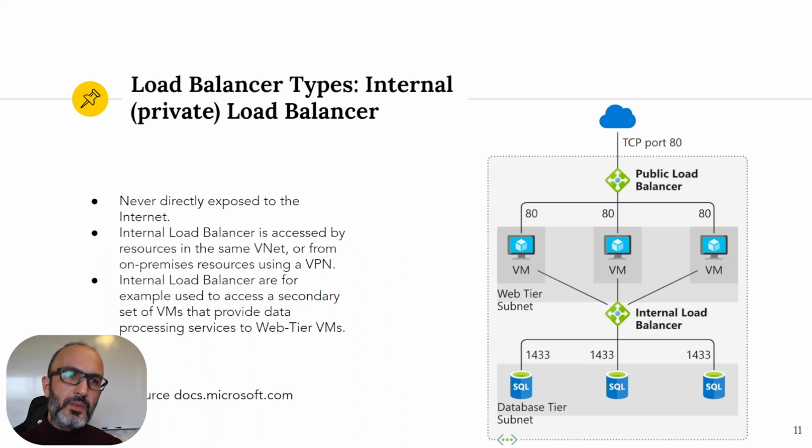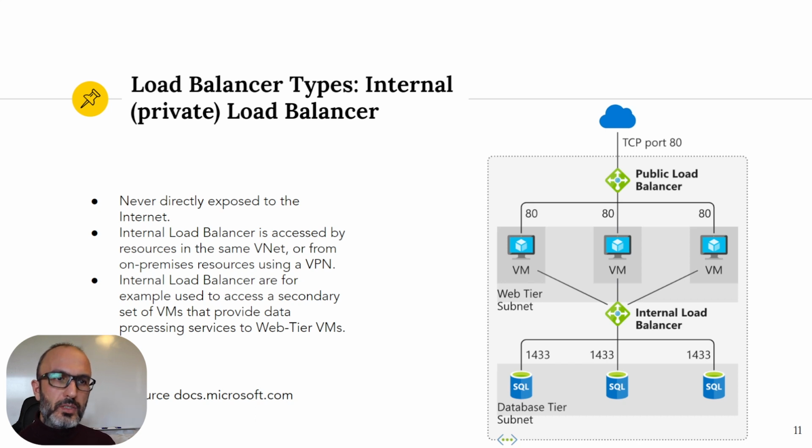The other type of network load balancer is the internal or private load balancer. This internal load balancer would never face the internet, and would never have an IP address that could be accessed over the internet. The only resources that would be able to use it are your internal resources, like machines on your virtual network or machines on premises that would access your Azure subscription over a VPN.